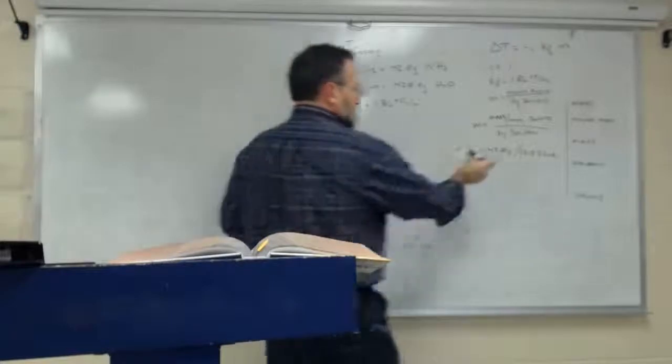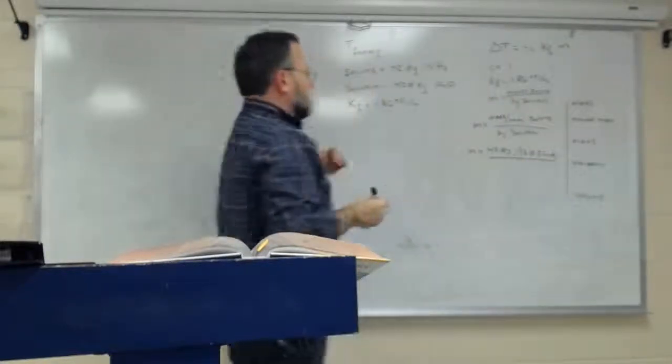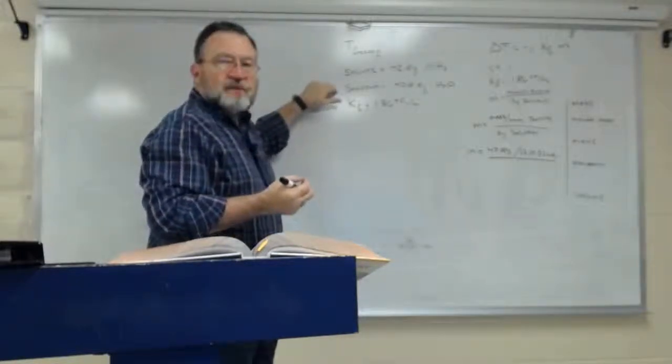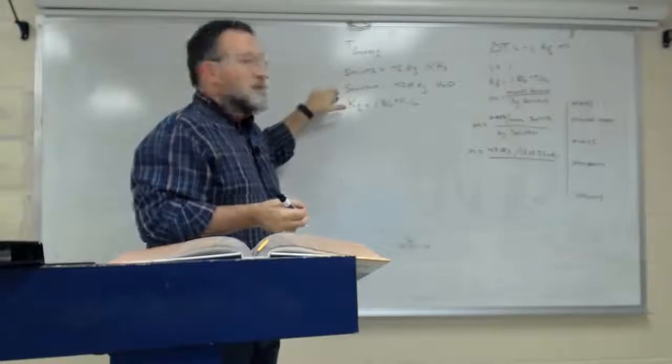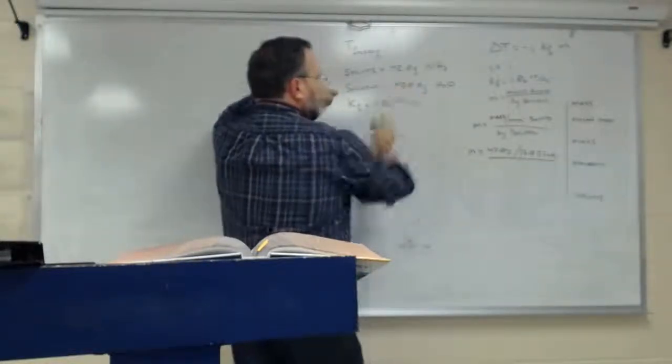So 17 grams per mole divided by the kilograms of solvent. I've been given 420 grams. How would I write that in terms of kilograms? I have to move it 3 places to the left, right? 1, 2, 3.